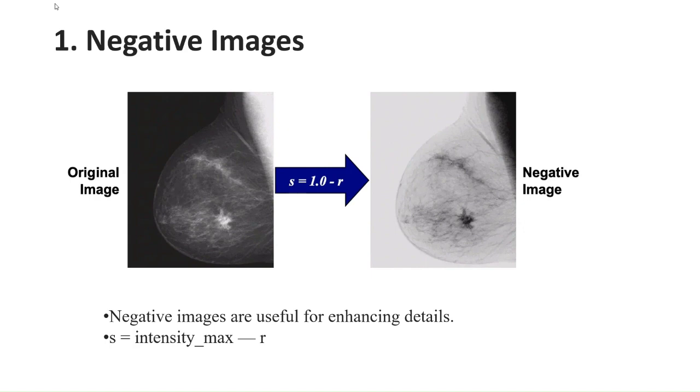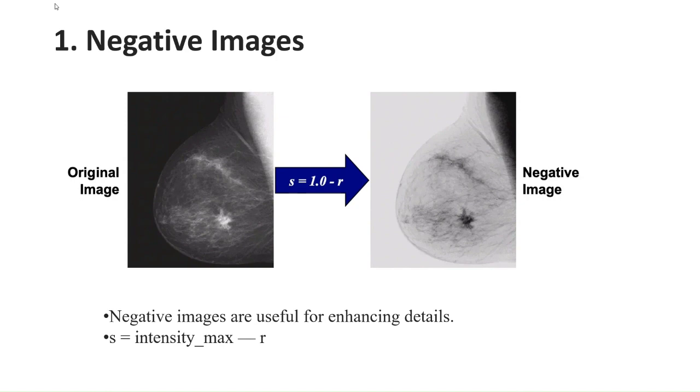Let us see the original image first. It has more brightness and is somewhat a dark image. After we apply the formula, that is intensity mask, s is equal to 1.0 minus r. This is the formula we apply to this image.